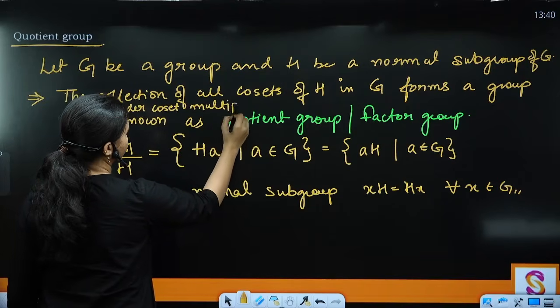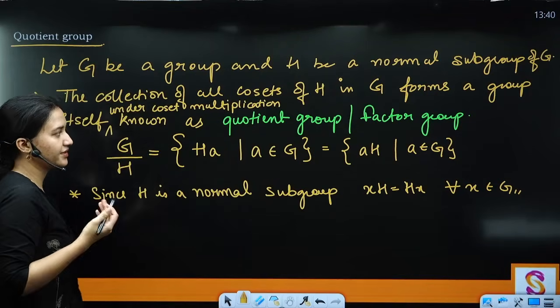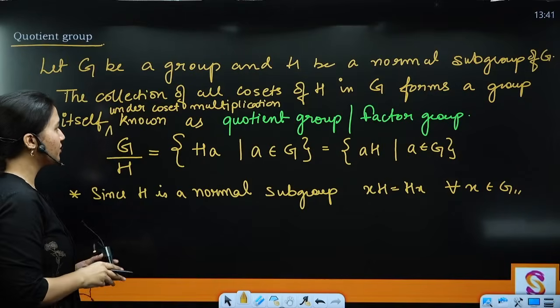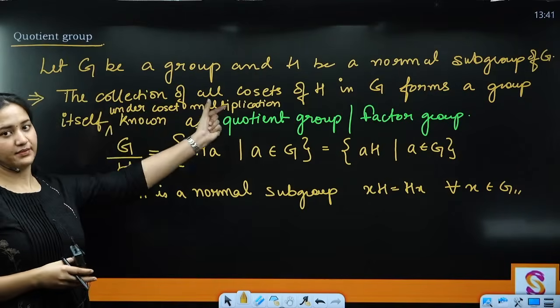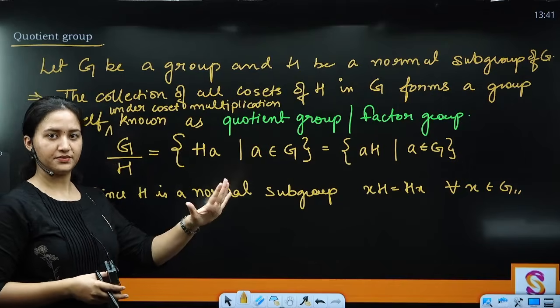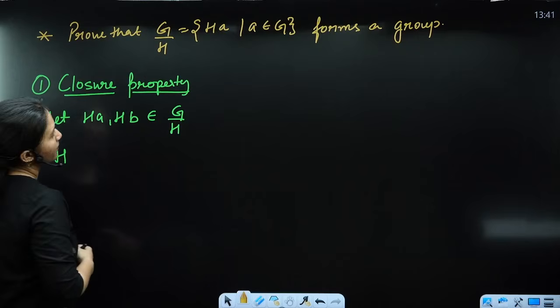Okay? अगर आप ग्रुप डिफाइन कर रहे हो तो आपको बाइनरी ऑपरेशन भी डिफाइन करना पड़ेगा. So the binary operation is your coset multiplication, right? And on coset multiplication we have done n number of problems, right? Now G/H forms a group under coset multiplication.